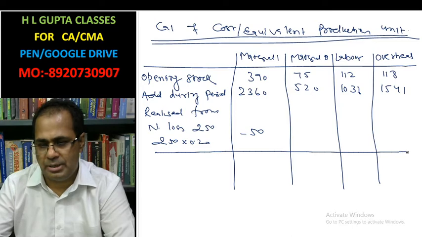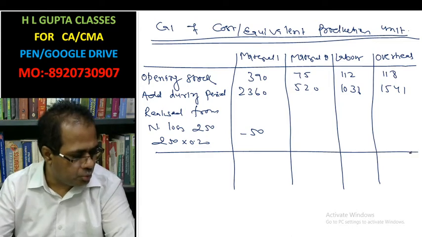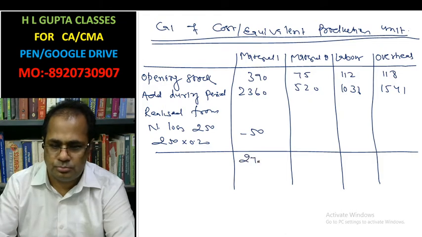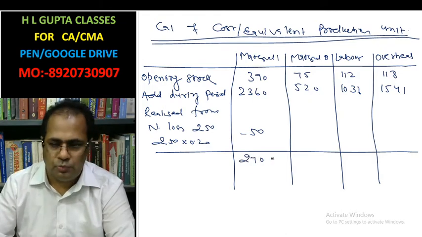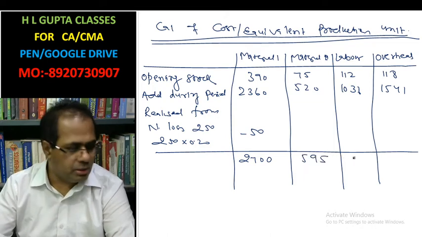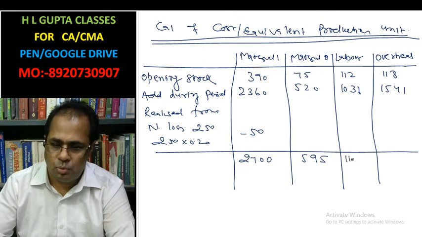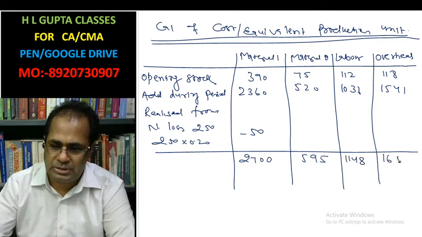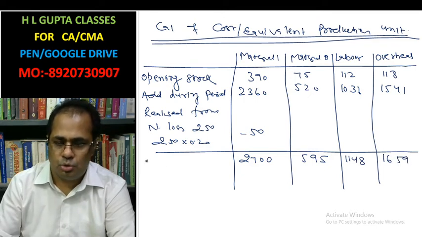This is subtracted. Thereafter 2700, 595, 1148, 1659. Total cost.